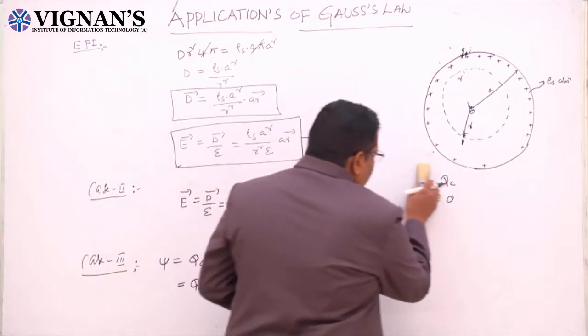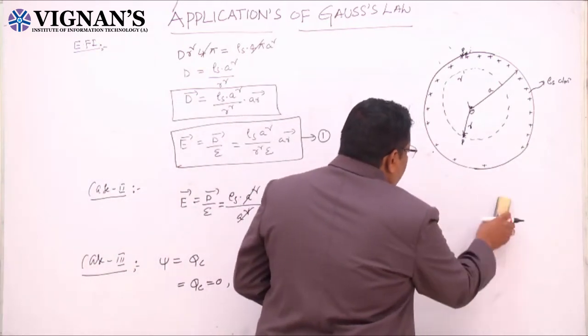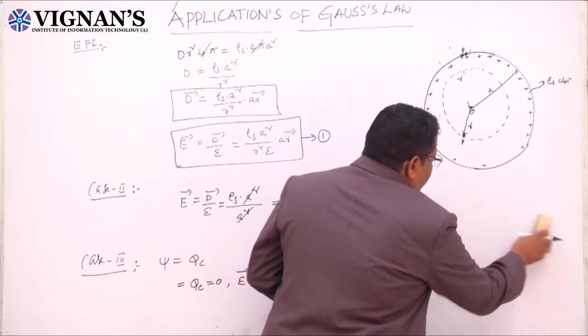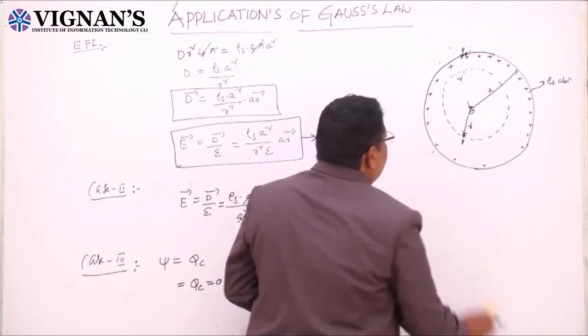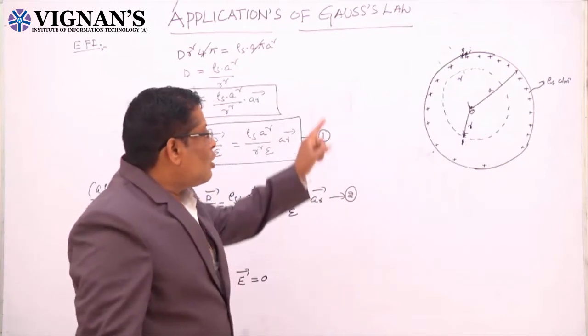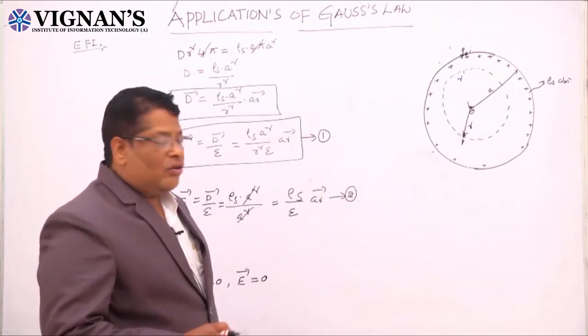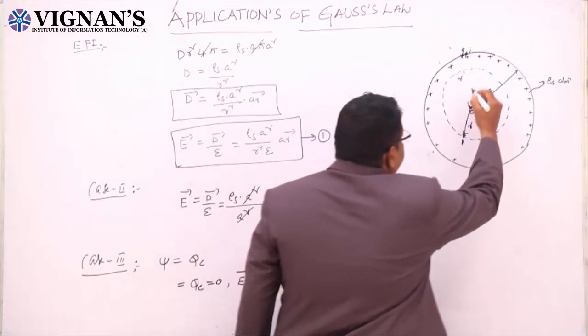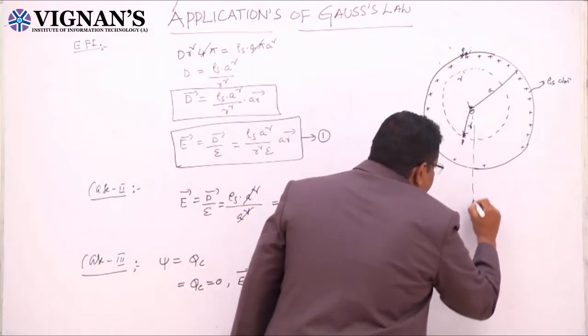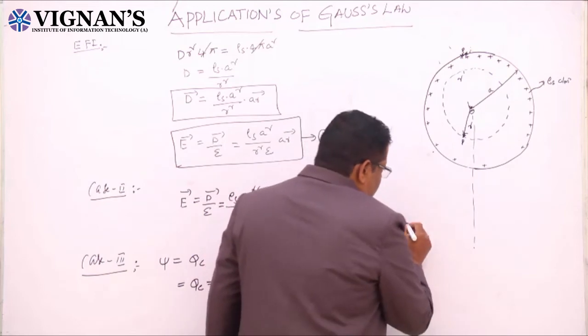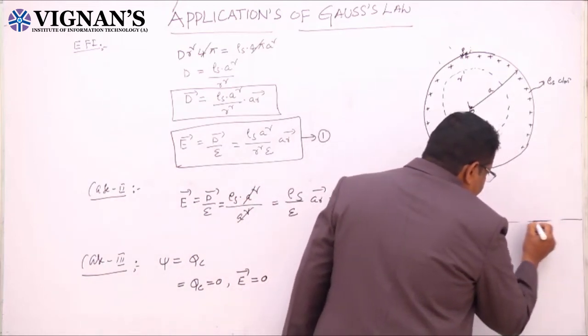Now we are going to draw how the electric field intensity will vary due to the charged hollow shell. See here, this we have taken as the y-axis. This is the x-axis.